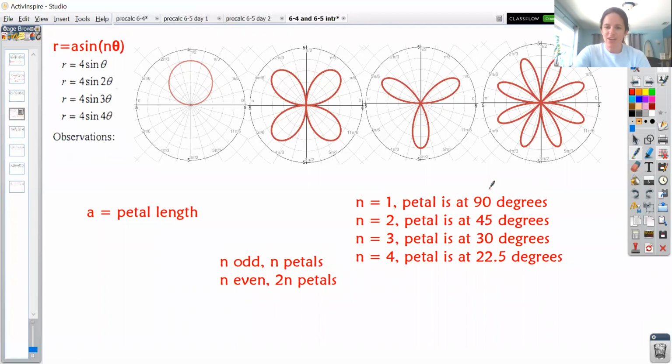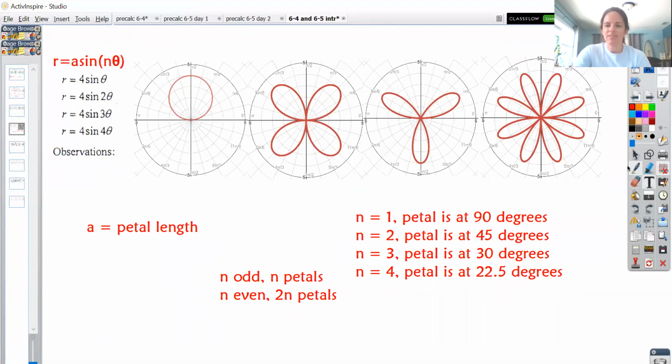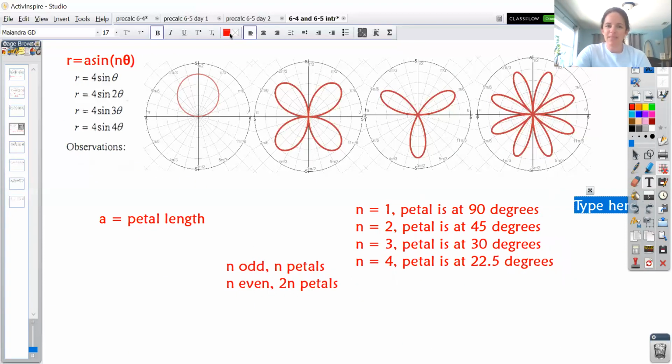Turns out that in each of these, that's 90 divided by the number of petals. And I hope that you could maybe figure that out. So the first petal is going to be at 90 divided by n. Sorry, not the number of petals. 90 divided by n is the location of the first petal, which is kind of cool.